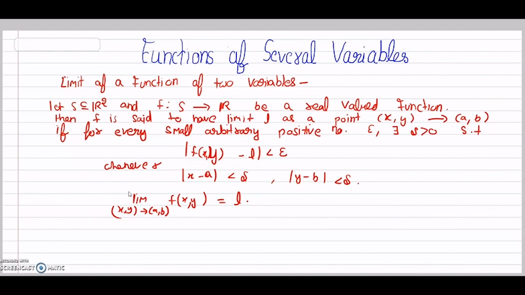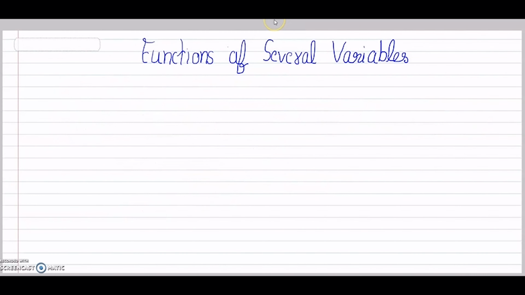फाइन. अब एक क्वेश्चन देख लेते हैं. Prove that the limit of the function xy(x square minus y square) upon (x square plus y square) when (x, y) tends to (0, 0) is equal to 0.